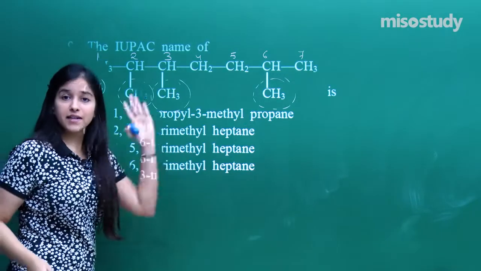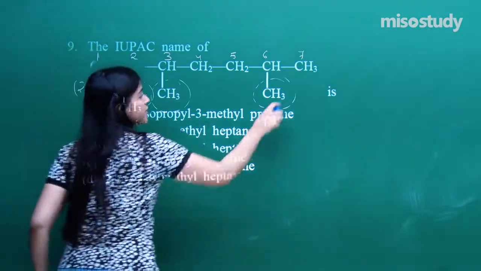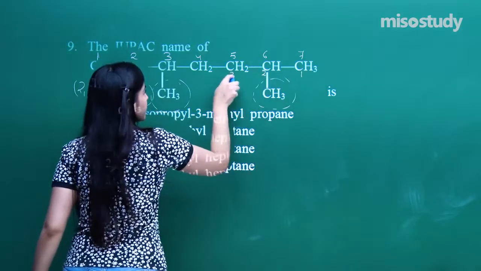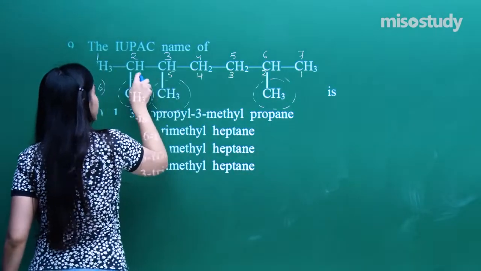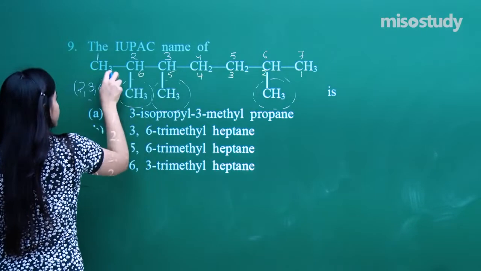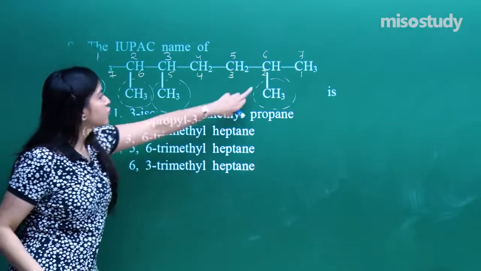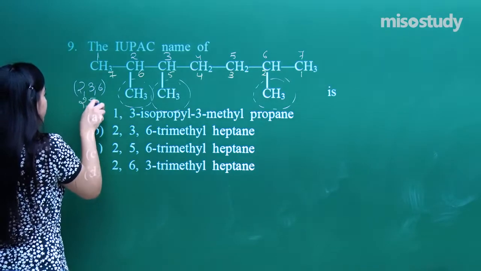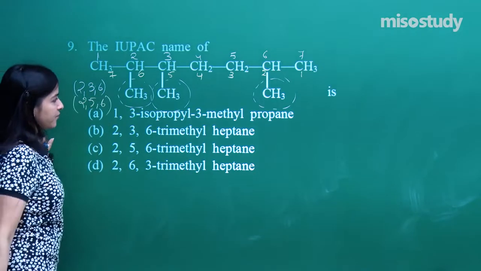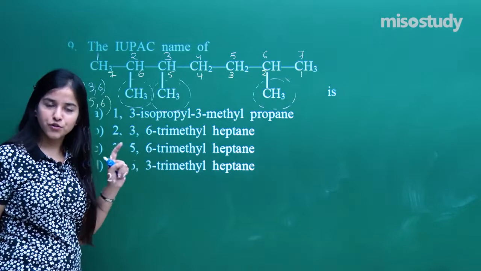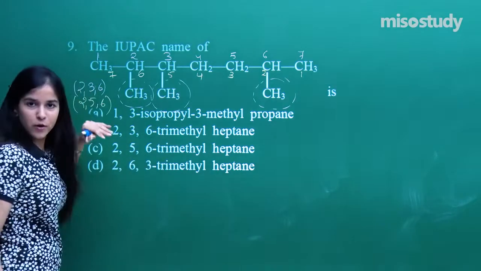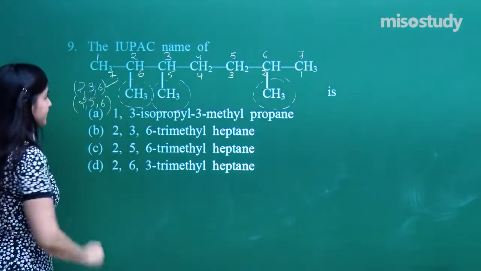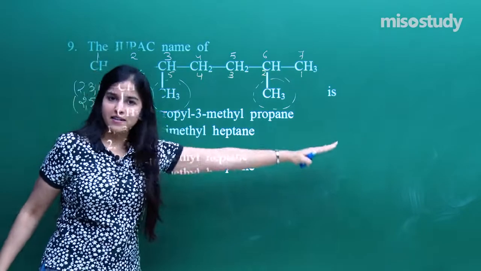And if I go by the other side, that means right to left, so that is 1, 2, 3, 4, 5, 6 and 7. That means 2, 5, 6. Another set is 2, 5, 6. So which option do you want to go to? The lowest possible set, definitely. That means this is the correct answer.